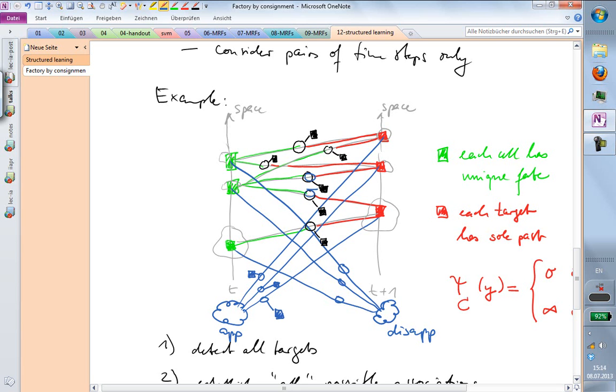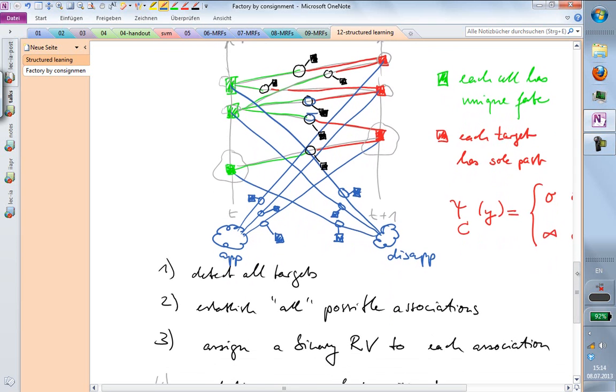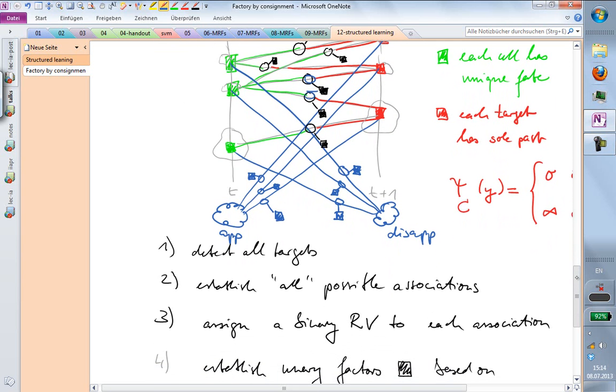So I would have a fixed cost for each appearance or disappearance. Because if I make them too cheap, or cost no penalty, then I would explain everything just in terms of all variables from t disappeared, and all objects at time t+1 just appeared out of nothing. So I need some fixed cost with these appearances and disappearances.